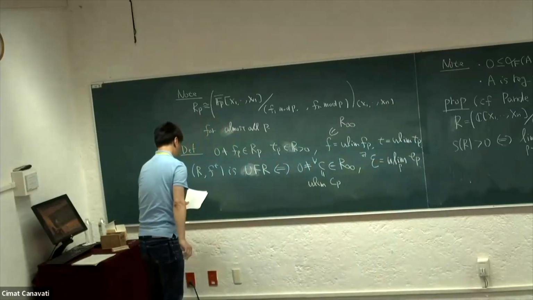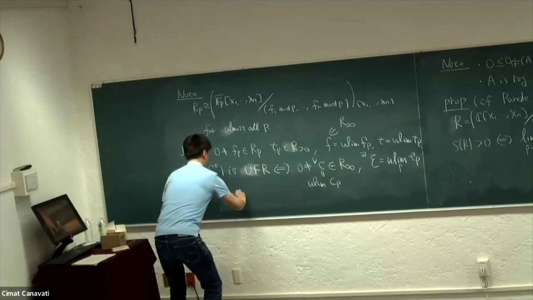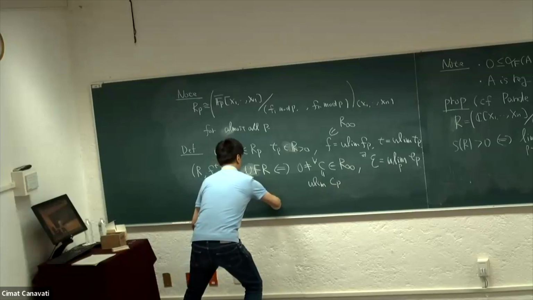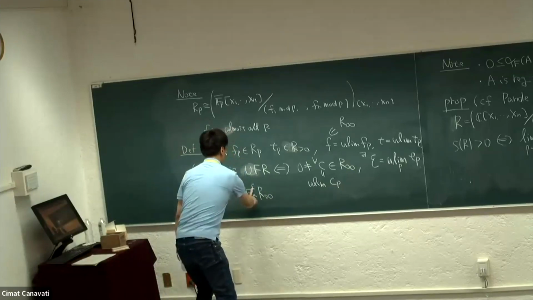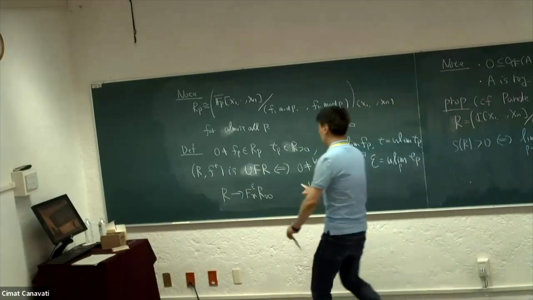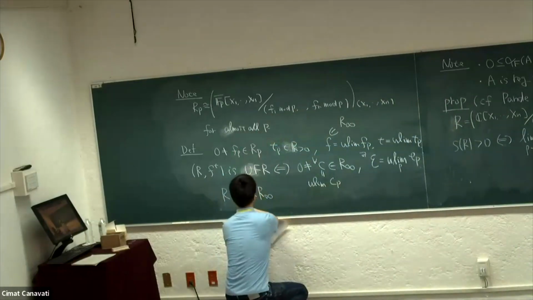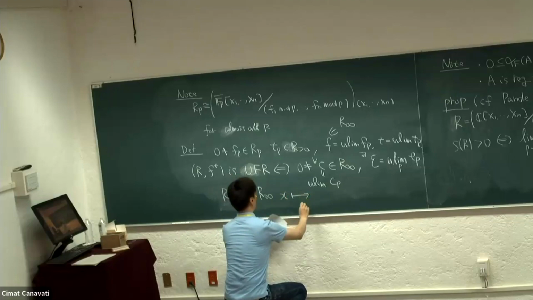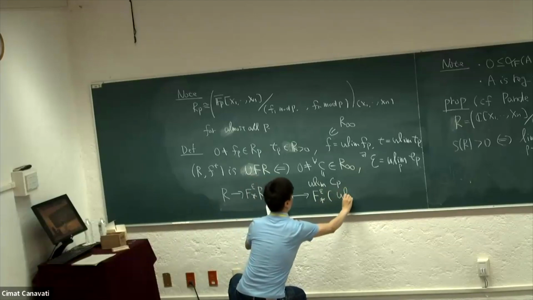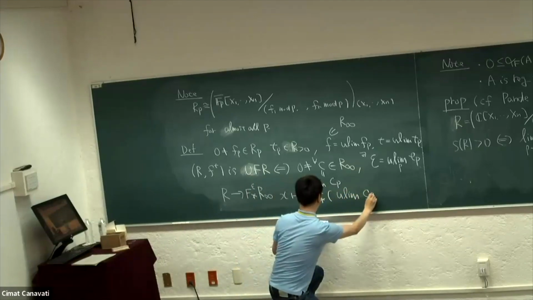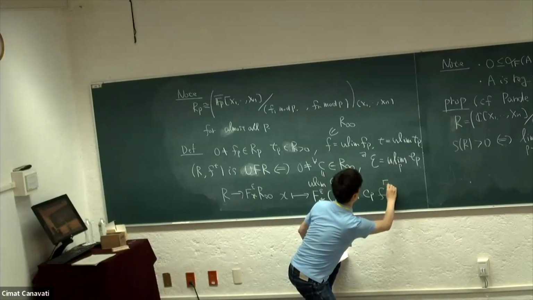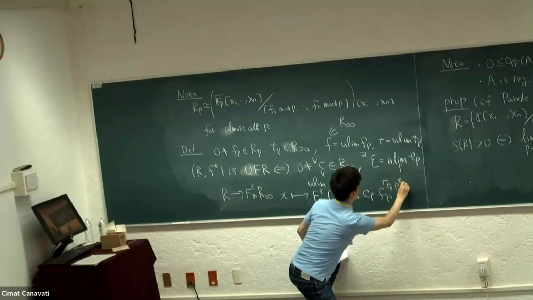And I have a map from R to F epsilon star R infinity, as follows. F epsilon is this one, and we consider the map sending x to F epsilon star, the ultra product of x sub P times f sub P to the ceiling of t sub P p to the e sub P, times c sub P, and F epsilon x.